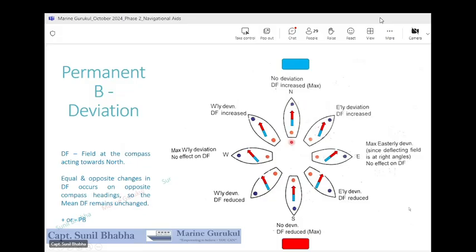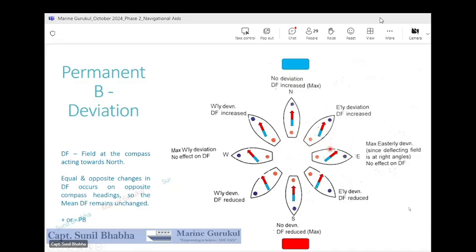Similarly, south of the compass we have the red magnetic pole of the earth and the ship's pole is also red. So Earth's red and ship's red also add up to the directive force. So in this particular heading, northerly heading, the directive force is increased to its maximum.